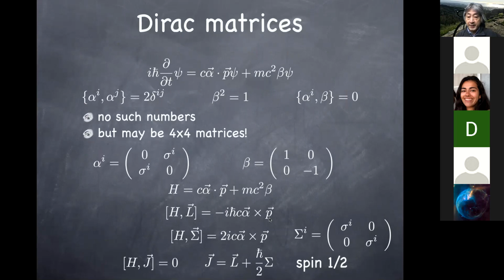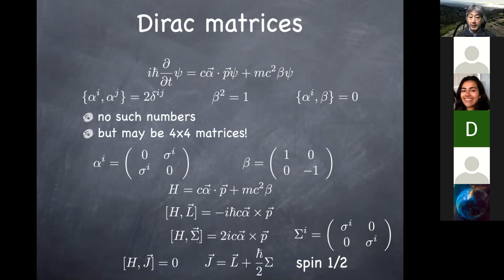And you are verifying this in your homework problem. So when you take this Hamiltonian and compute the commutation relation between the Hamiltonian and the orbital angular momentum, x cross p, x doesn't commute with p, so that gives you i h bar. So the H, L commutator turns out to be this, which then means that the orbital angular momentum is not conserved under this Hamiltonian.